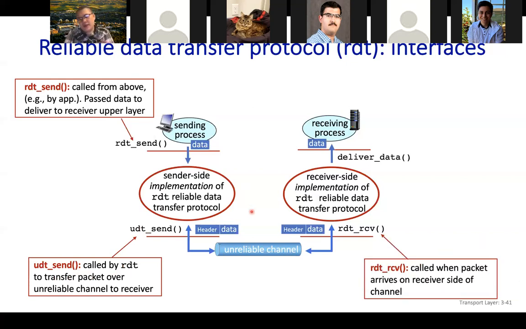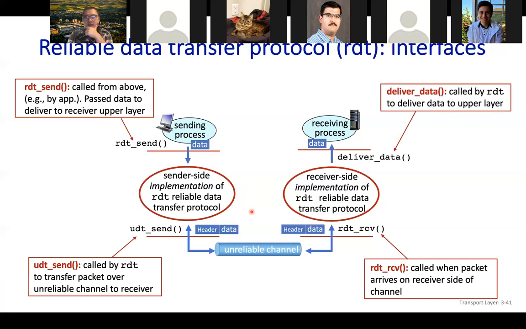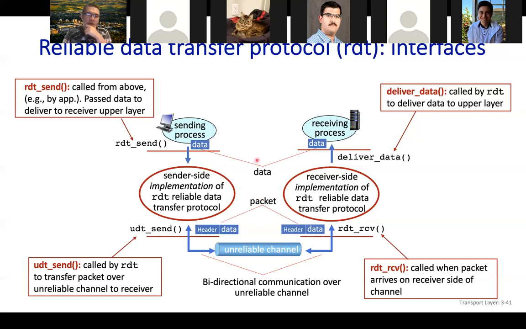And the RDT receiver, I just explained, is in the note here. I don't want to go through that again. This is a bi-directional communication over an unreliable channel, and this is the data. This is the packet.